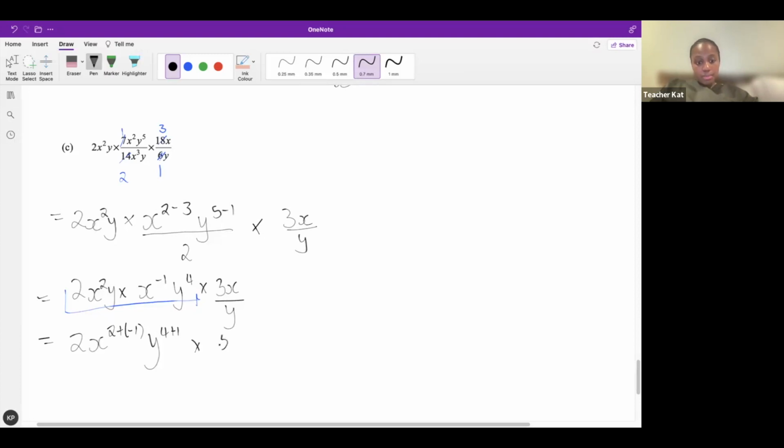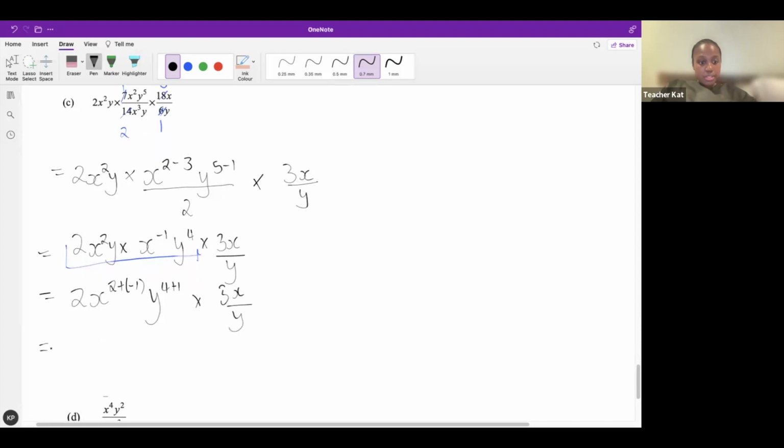Then we still have times 3x divided by y. Okay, this guy's going to take space. 2x. That plus minus creates a negative. So it's 2 minus 1. So it's just 1. So it's just x.